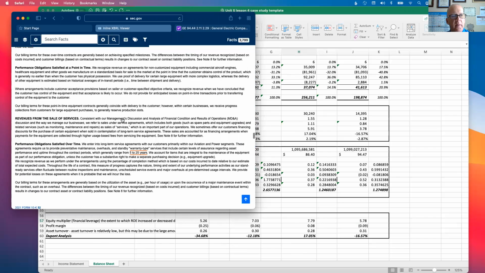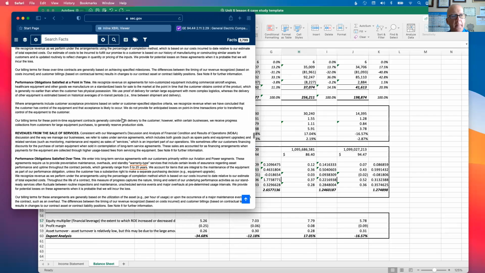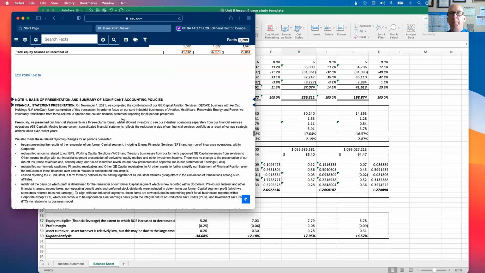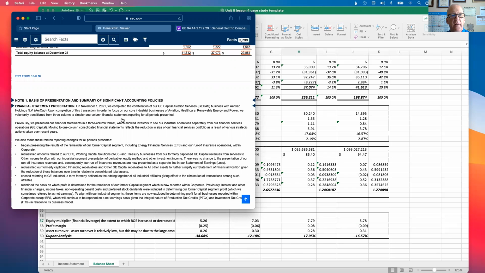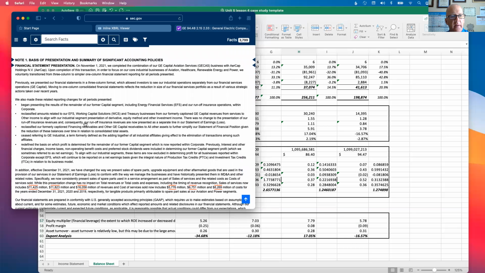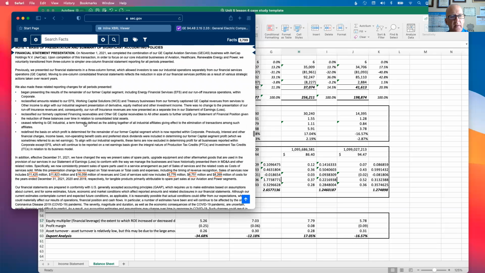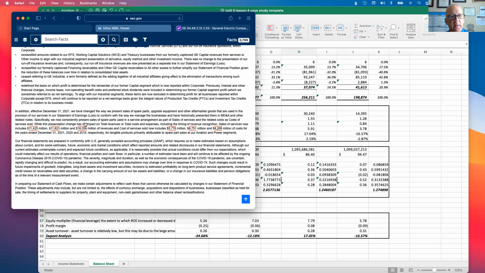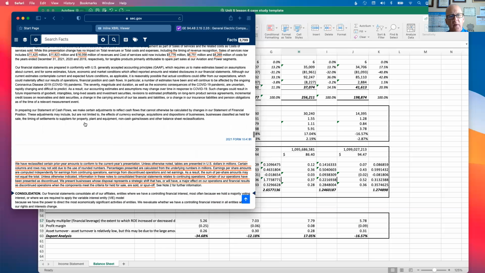Somewhere in here, and it might be the best place to find it, might be in management discussion analysis. It should tell us some information about the different segments and what they're doing. So what I'm looking for is usually they have a list of their different business segments, but I don't see it right here.